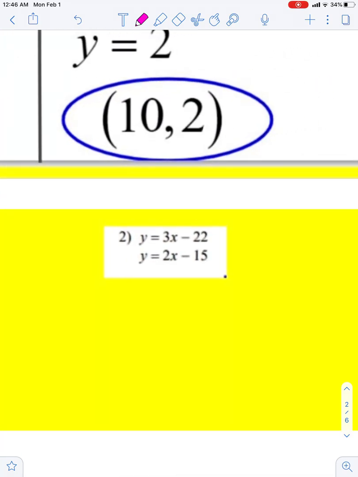As you can see, I have 3x minus 22 and 2x minus 15. So same thing, I'm going to set these equal to each other.